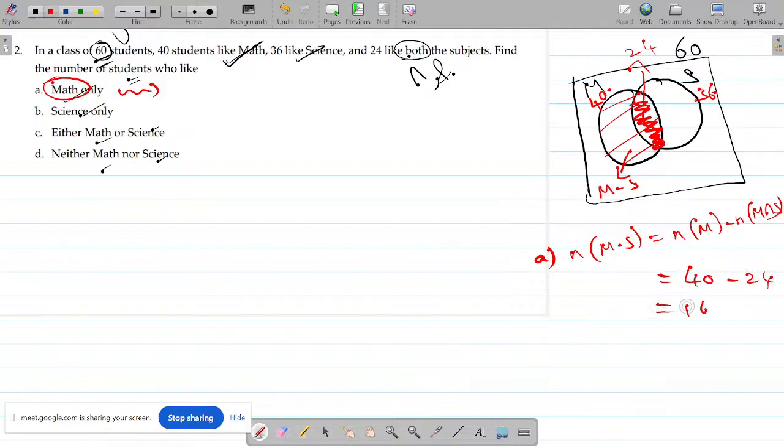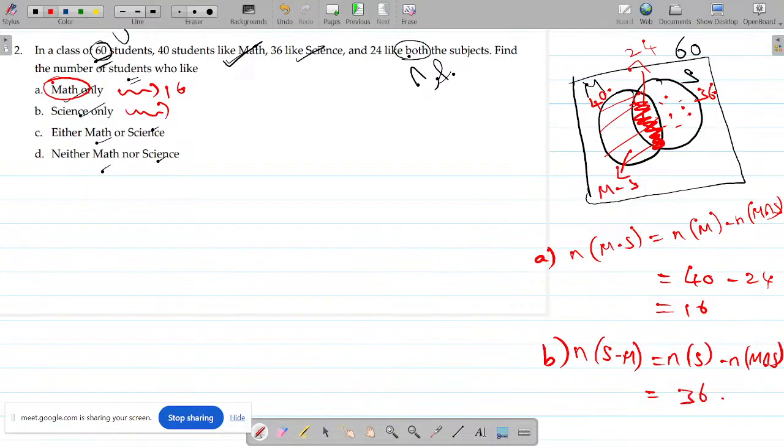So the answer is 16. Likewise, science only, this dotted area. n of s minus n of m intersection s, which is 36 minus 24, which is 12.